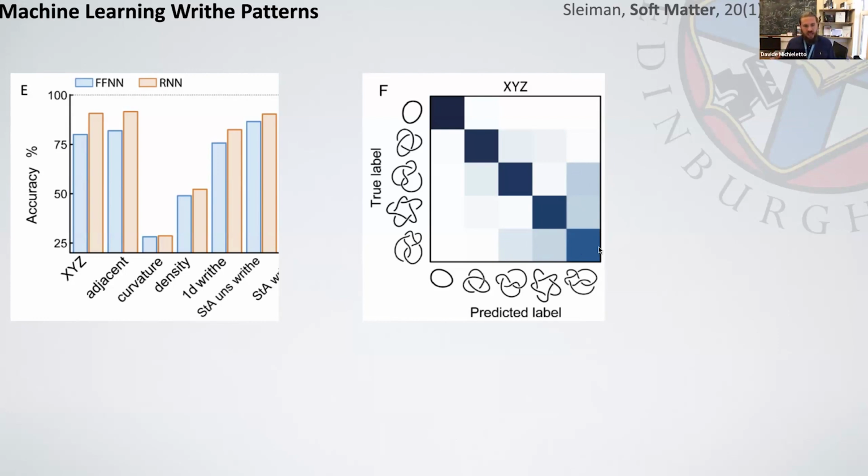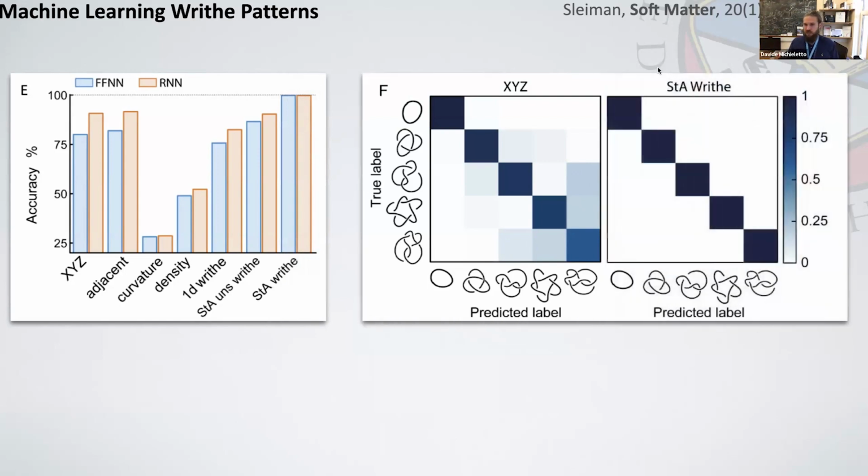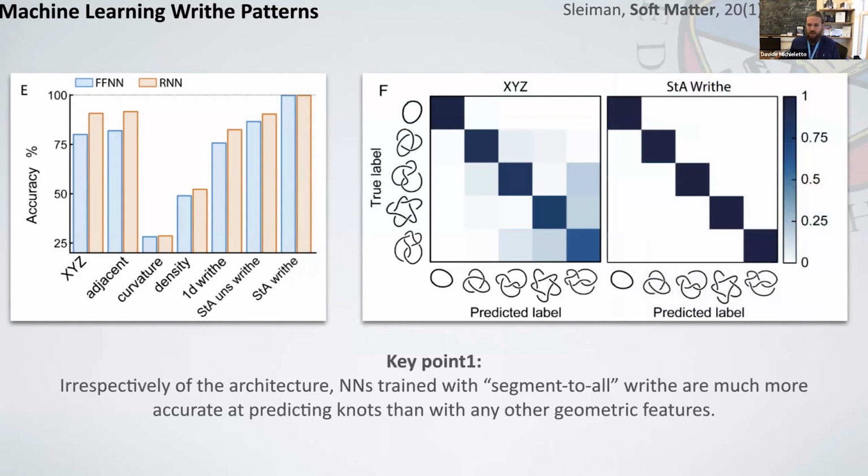But when we use this STA writhe, we shoot up to 99.9%, and the confusion matrix goes completely diagonal. This is a great indication that the segment-to-all writhe contains easier information for the network to understand the knot topology, other than the embedding itself, other than the XYZ coordinates.